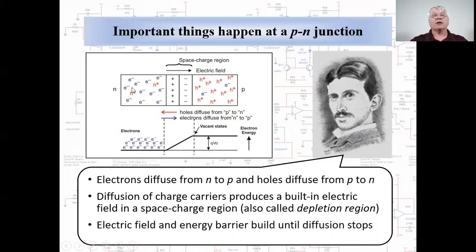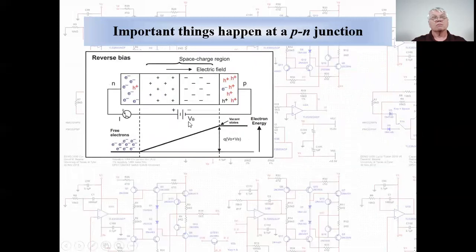Now notice that the conduction band on the N side is at a lower energy than the conduction band on the P side. This energy barrier builds as diffusion proceeds, and it builds until it becomes large enough to stop further diffusion across the junction.